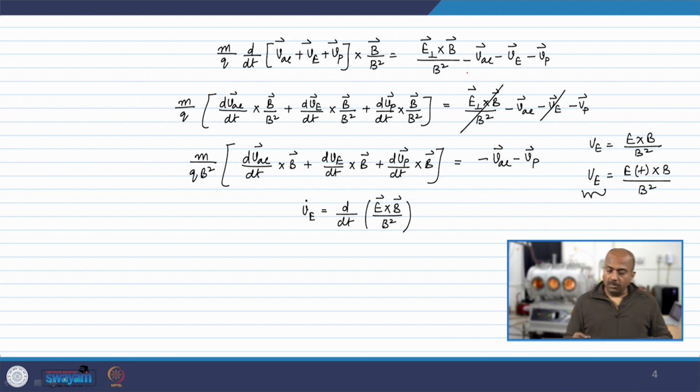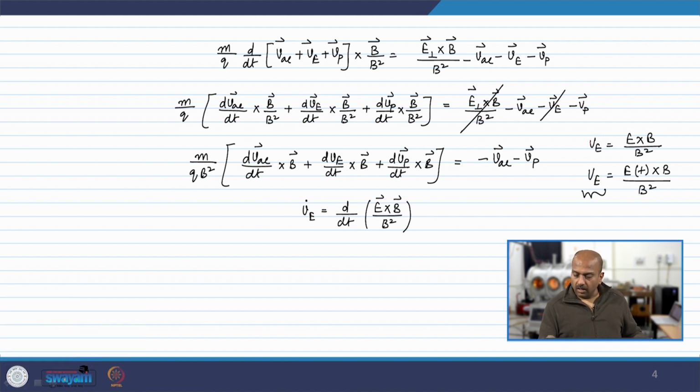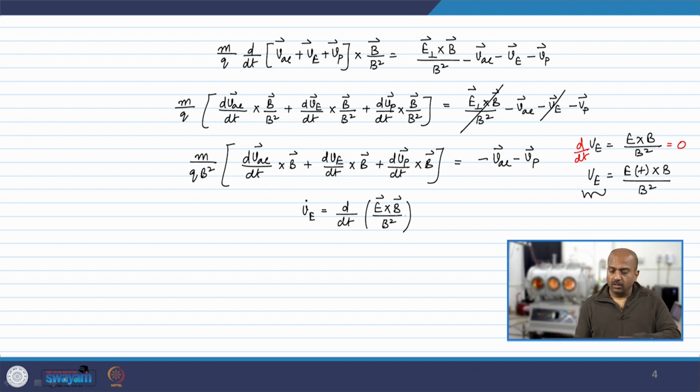Now, coming back, if the electric field is not time dependent, and you take a derivative of this with respect to time, you will simply get 0. But if the electric field is time dependent, then V_E dot becomes non-zero.